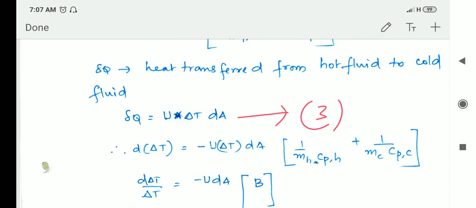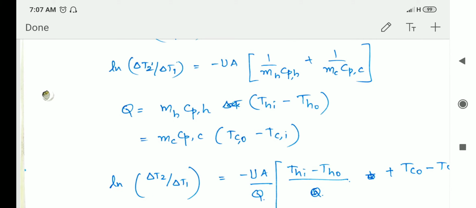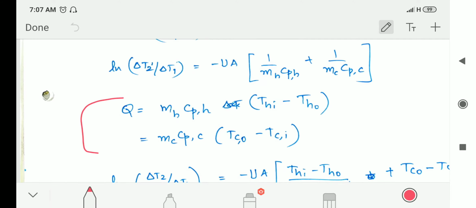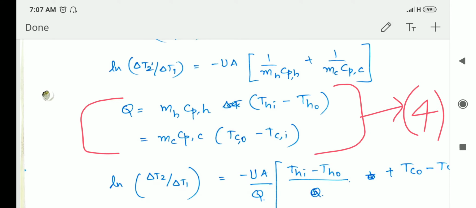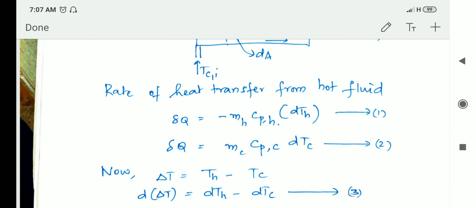That is the first set of equations, and the second set is for capital Q, the total heat transfer. Total heat transfer Q equal to mh Cph into (THI minus THO), equal to mc Cpc into (TCO minus TCI). Let this whole set be the fourth equation. Having got the four equations, the solution is based on only these four equations.